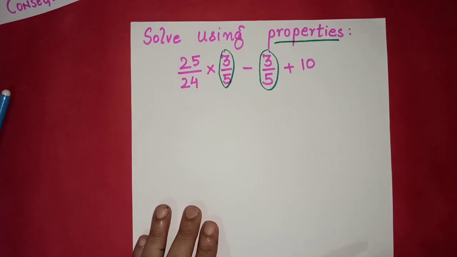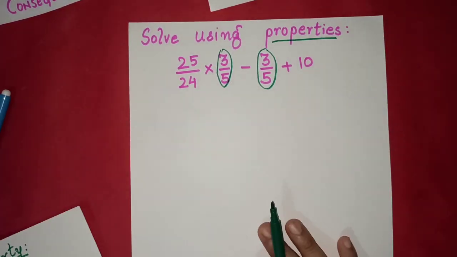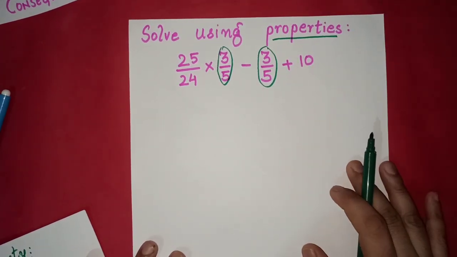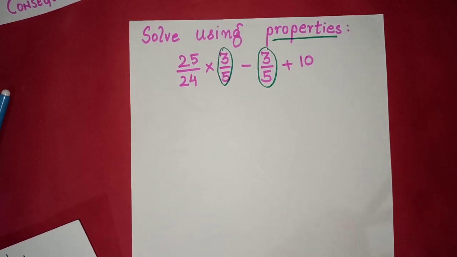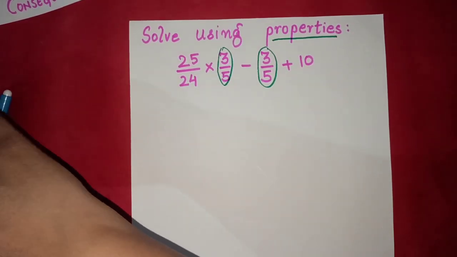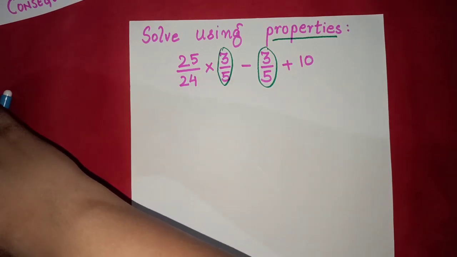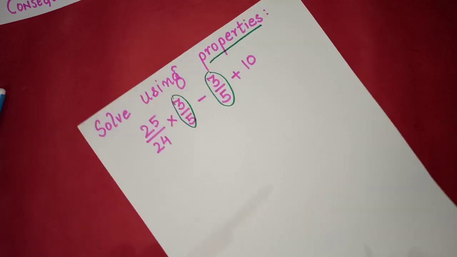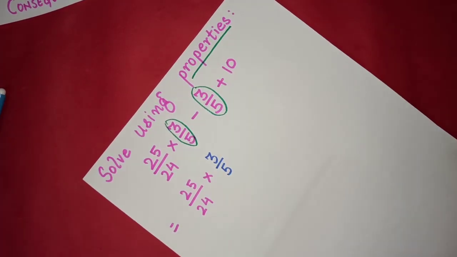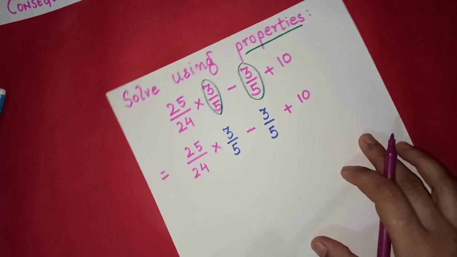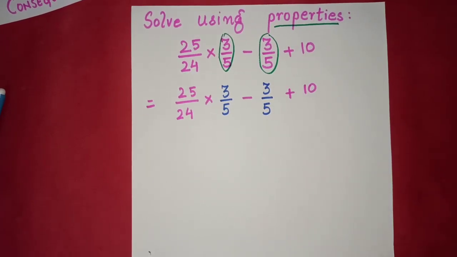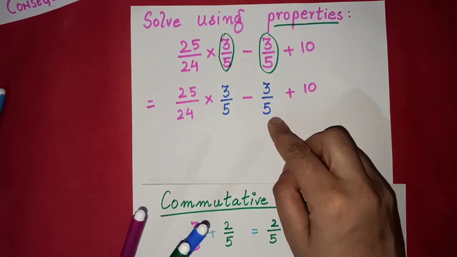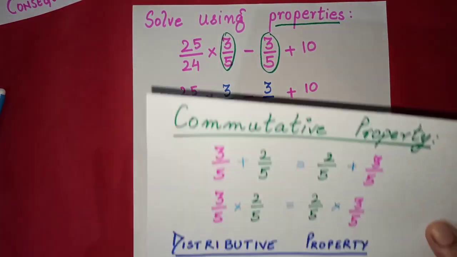But here we can see that in this second term it's not a multiplication expression. So first I would do one thing, I would just use colors to write so that things are clearer to you. Now again see, here when we look at it, 3 by 5 has become more visible after using colors.